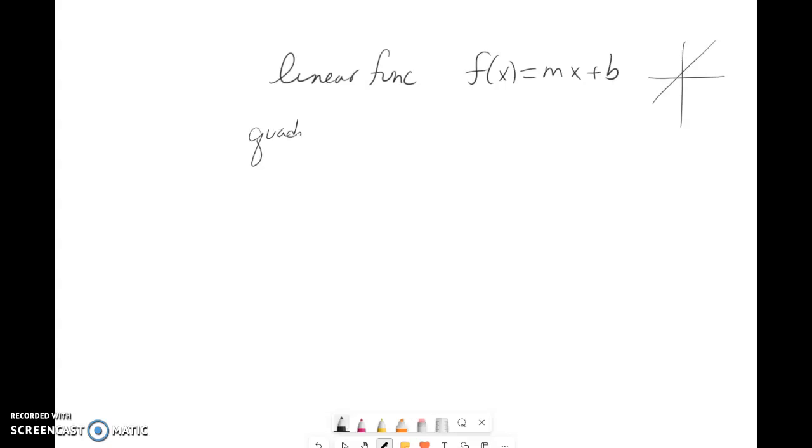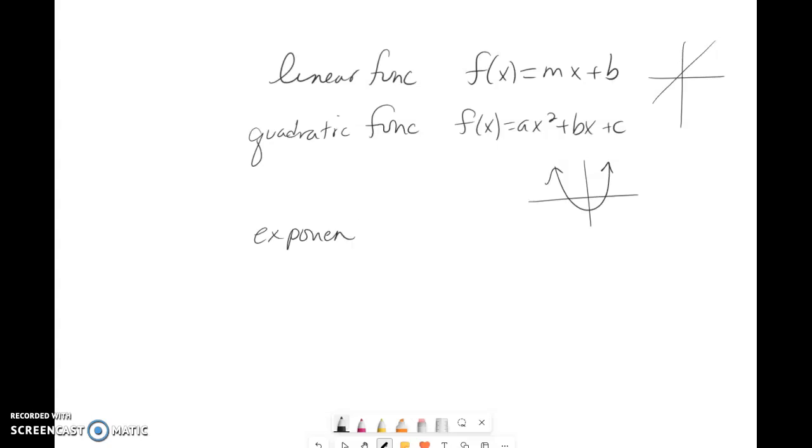We've also seen quadratic functions. A quadratic function looks like this. And when you graph them, they have this U-shaped parabola. So we're just adding to the types of functions. And in order to recognize a quadratic function, you see the highest exponent of 2.